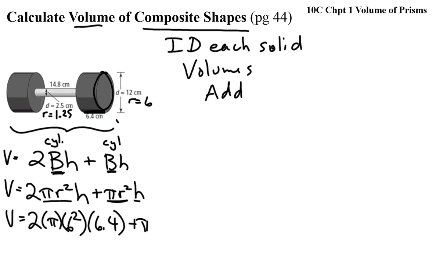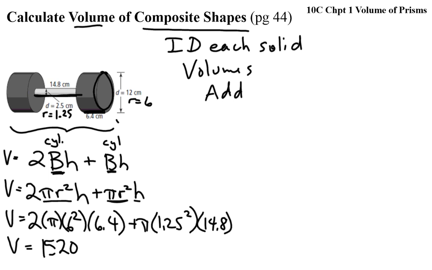So we have pi times 1.25 squared times the height, or the length between bases, which is 14.8. Big calculation, plug it in carefully, but you get a rounded volume of 1,520.3 centimeters cubed.